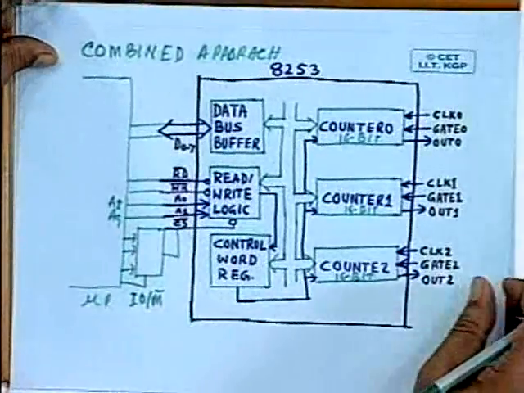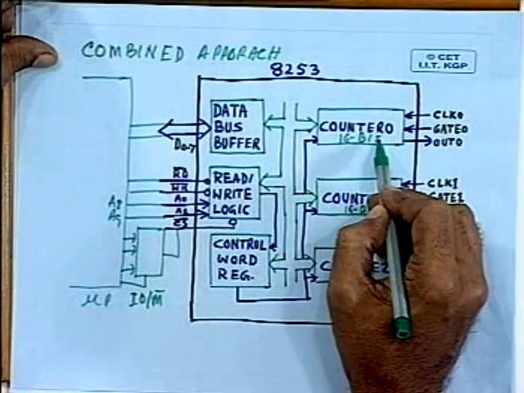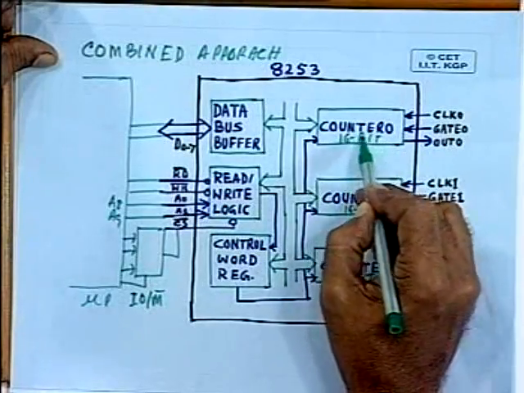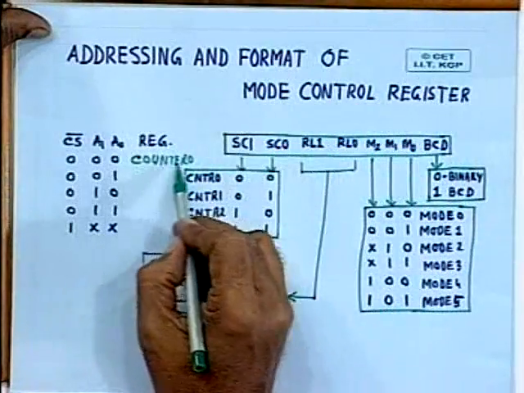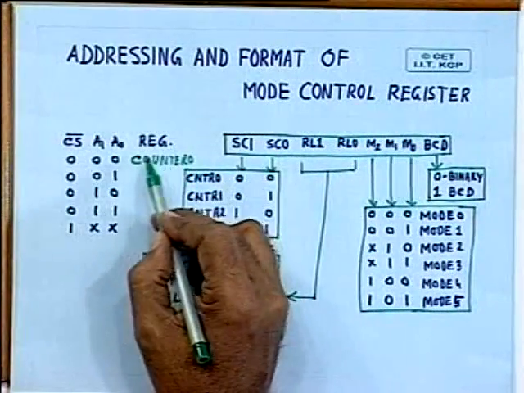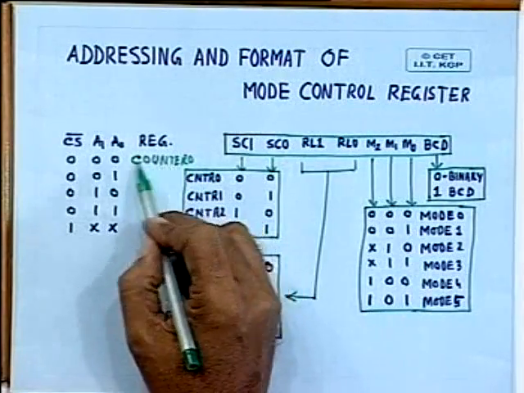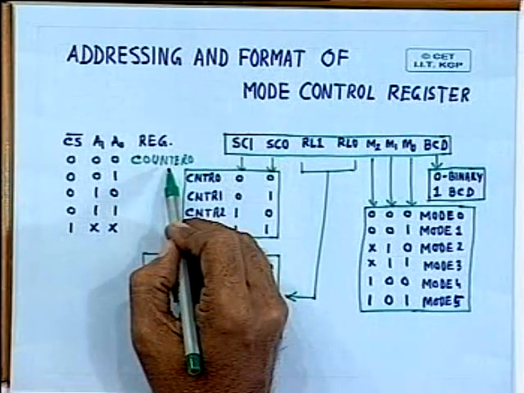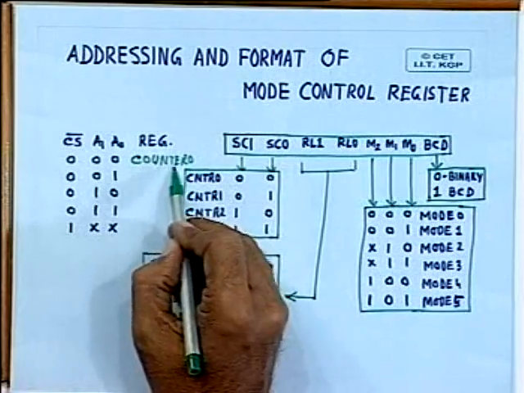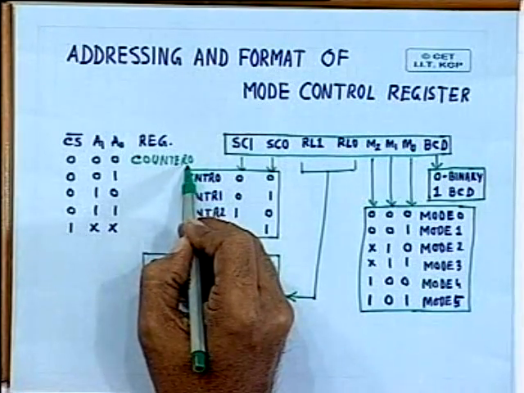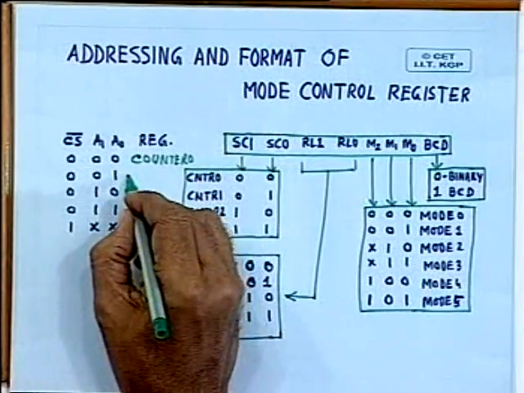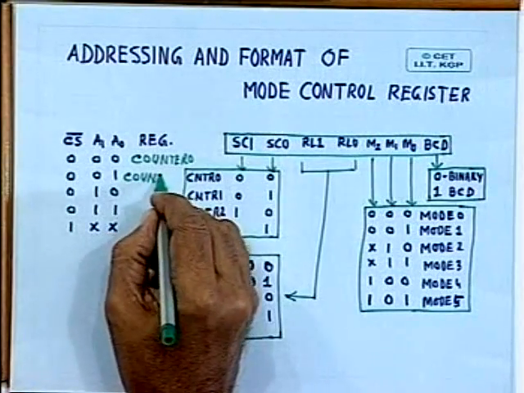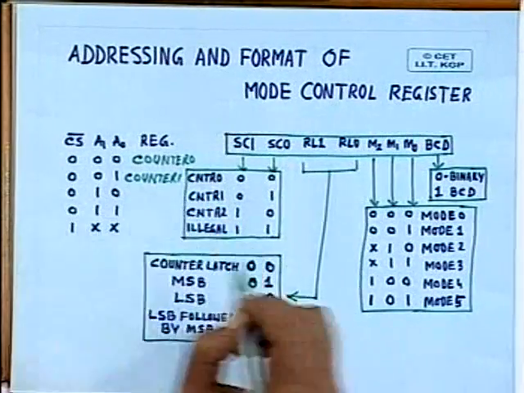You may be wondering how a 16-bit register can be accessed with the help of a single address. We shall see some trick is used here. Using the same address, you can access both the lower order byte and higher order byte of this counter 0. And whenever it is 0, 1, then counter 1 is accessed.